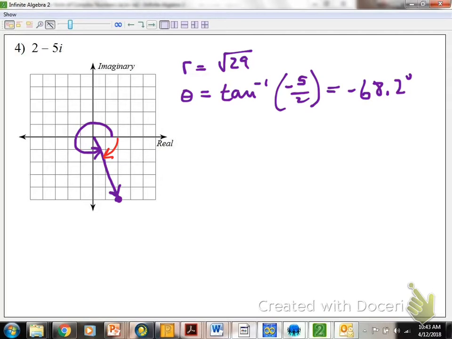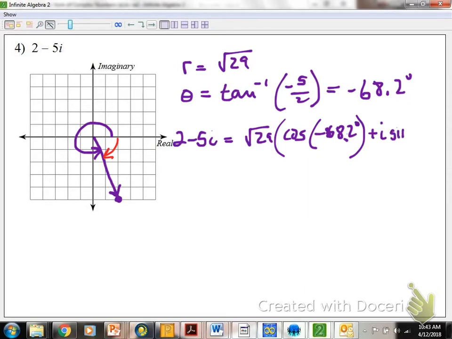So we could actually, in this problem, use that value and say that 2 minus 5i is equal to square root of 29 times the cosine of negative 68.2 degrees plus i times the sine of negative 68.2 degrees. If you put it as a positive angle, what'd you get, Charlie, for the positive angle?